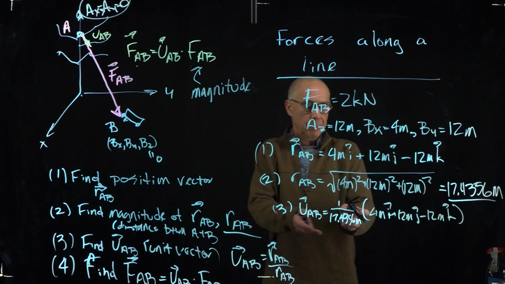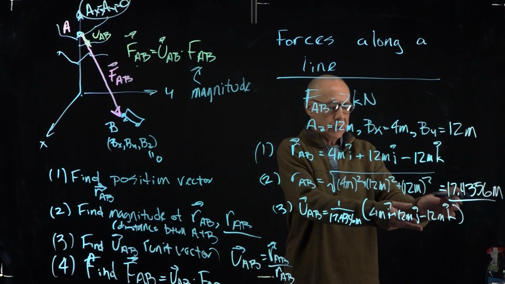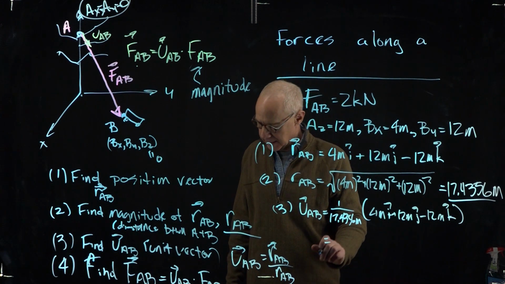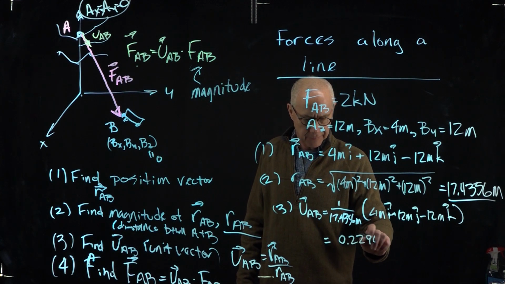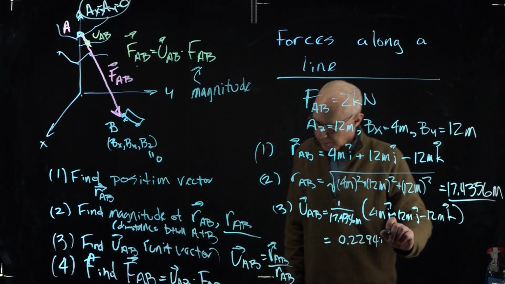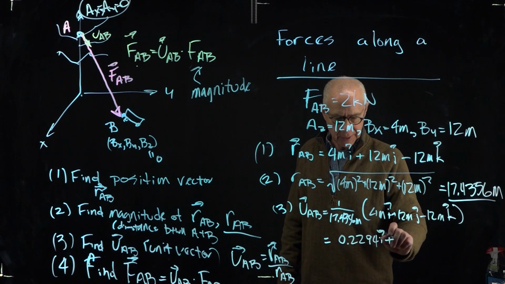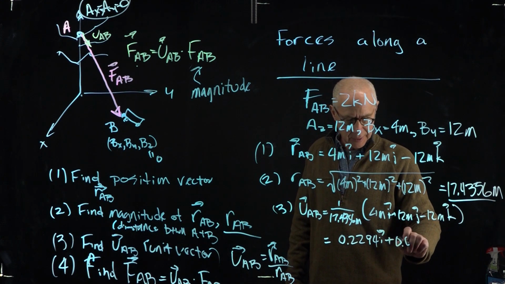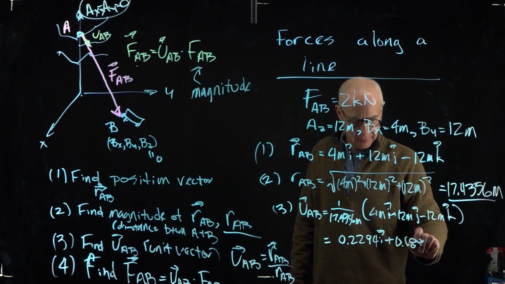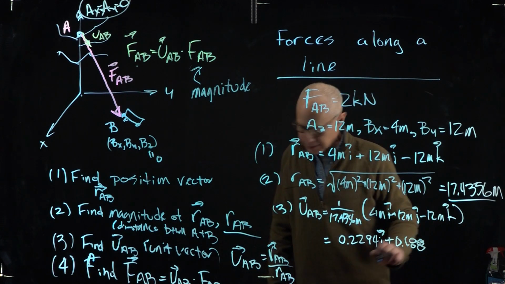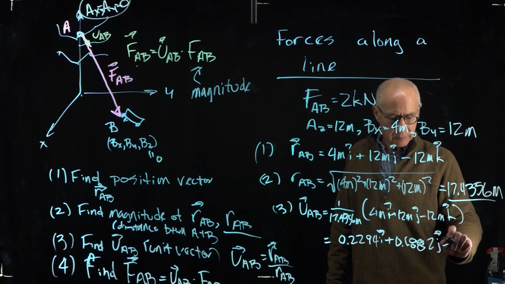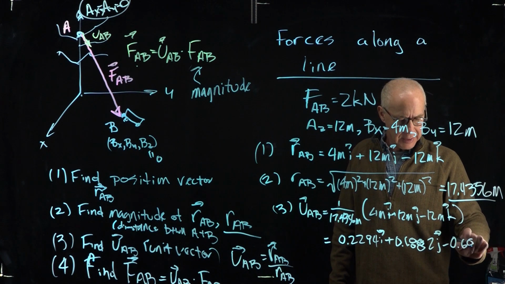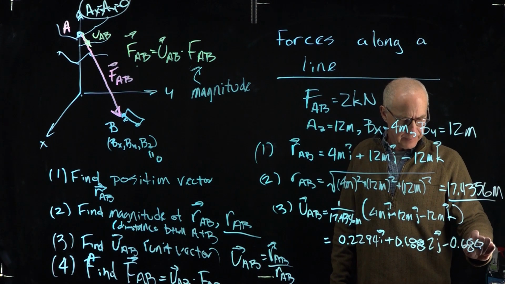And so basically this can distribute across each of our terms, and we end up with the result of 0.2294 I vector plus 0.688 J unit vector minus 0.688 K, again a unit vector.